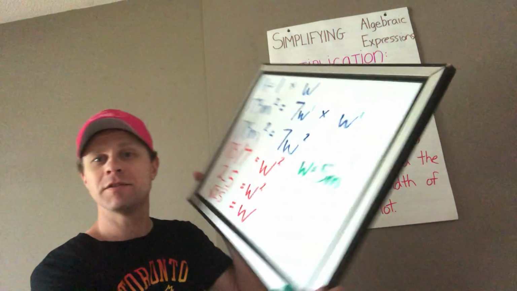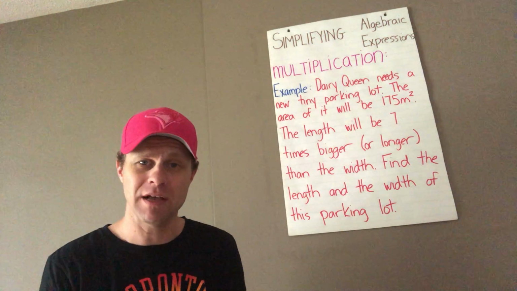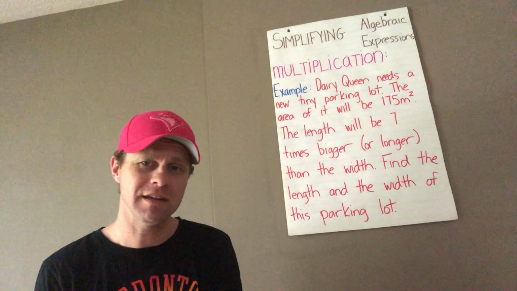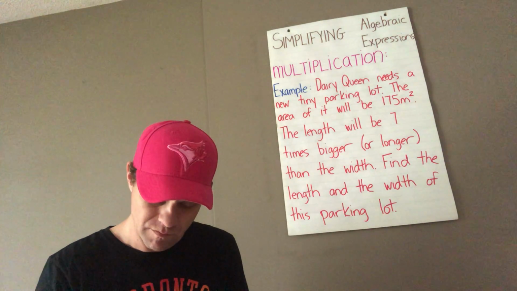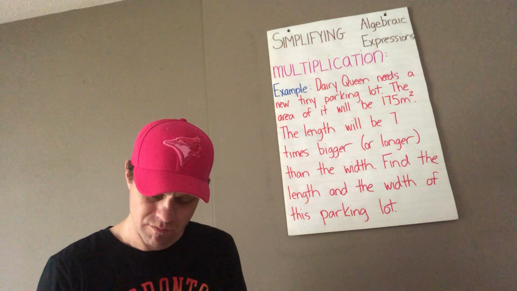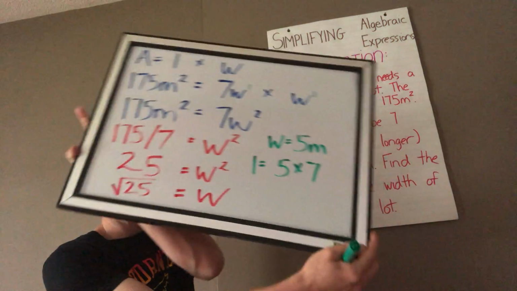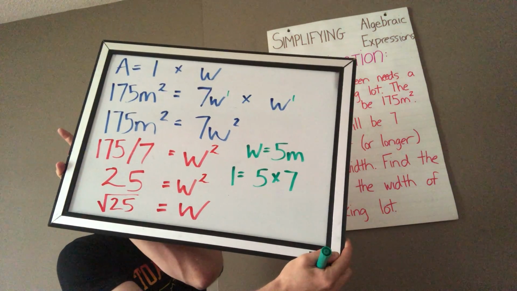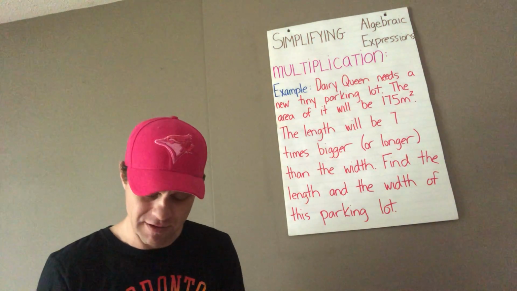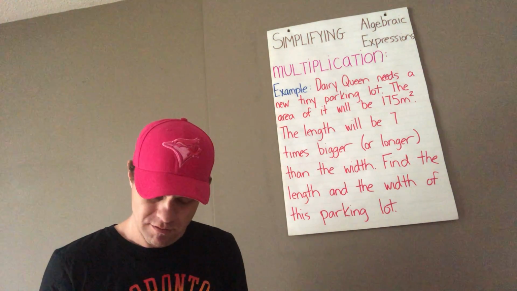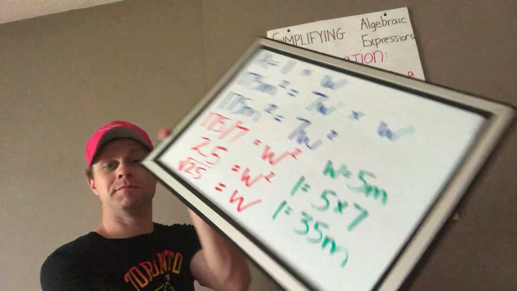So if we know the width is 5 meters, all we need to do is multiply that 5 meters times 7, and that'll give us our length. Okay? So our length equals 5 groups of 7. And if we skip count by 5 7 times, or if we know what 5 times 7 is, we're going to put 35 meters.